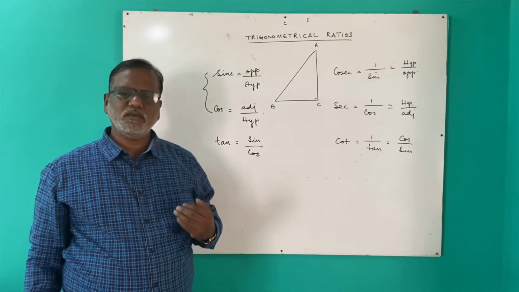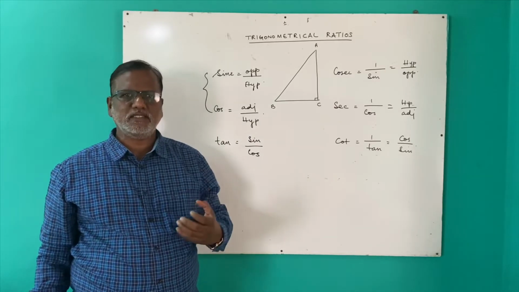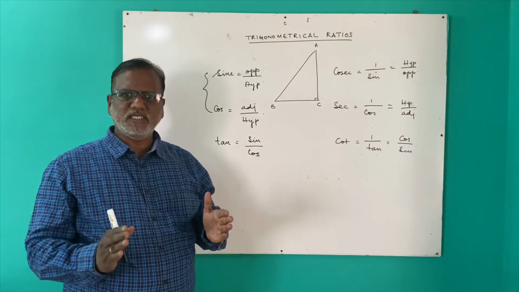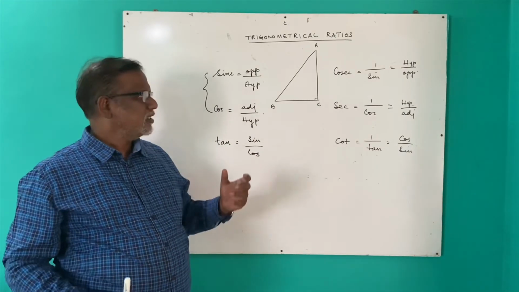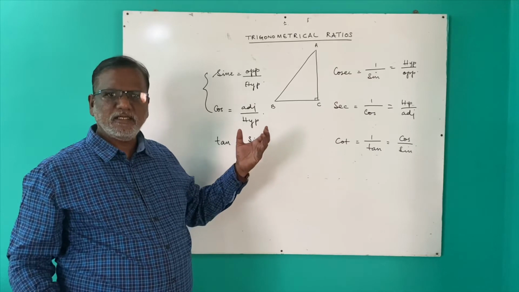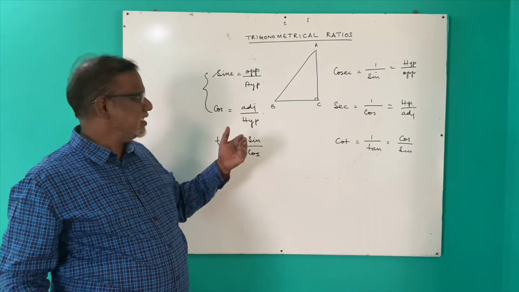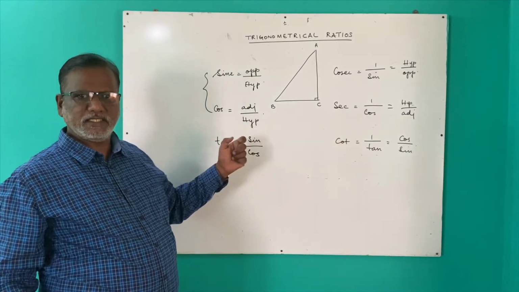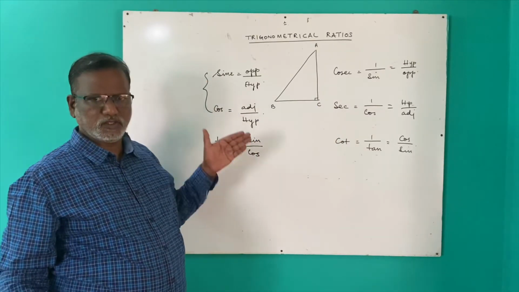And that is one of the most interesting parts in these trigonometrical ratios. That is one of the reasons I said in the beginning, the remaining four ratios can be very easily understood, provided we understand the first two ratios.